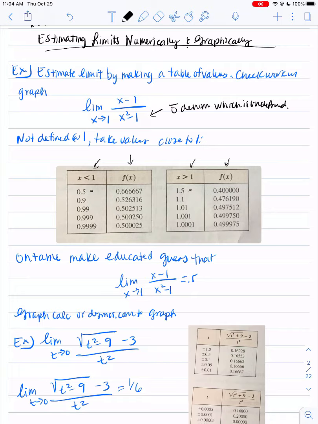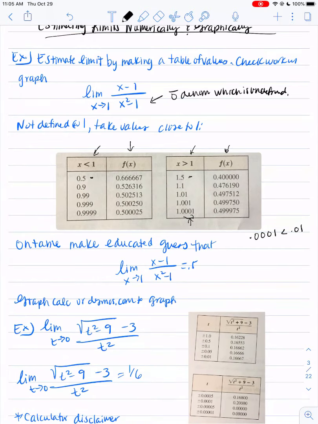The more 9s I have, the closer to 1 I get, and the more 0, 0, 0, 1s that I have, the closer I am to 1, because 0.0001 is smaller than 0.01. And so I get my f of x, and I can see here that it looks like the limit is about 0.5. So from the table, I'm going to make the educated guess that my limit is 0.5.